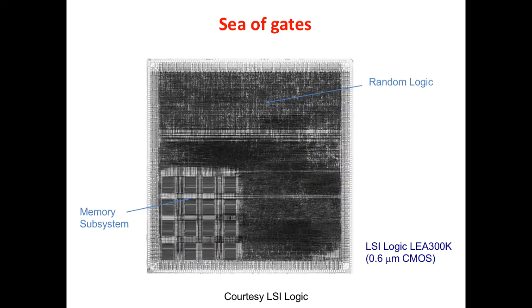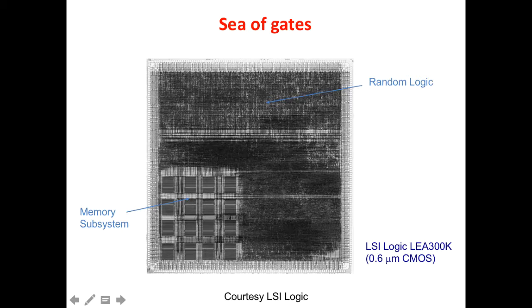Okay, this is just a set of pictures to let you understand what's the view of what happens here. This is a photo of a chip realized with a sea of gates. You see this is the structure.